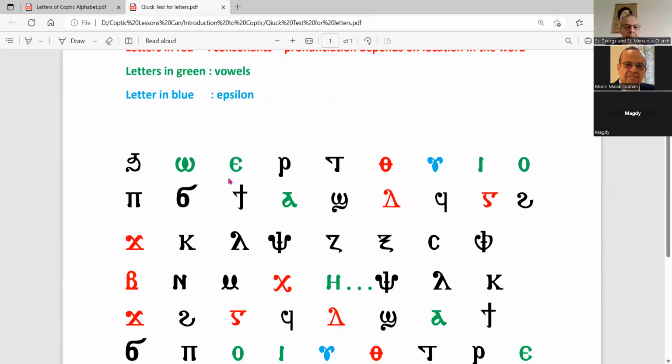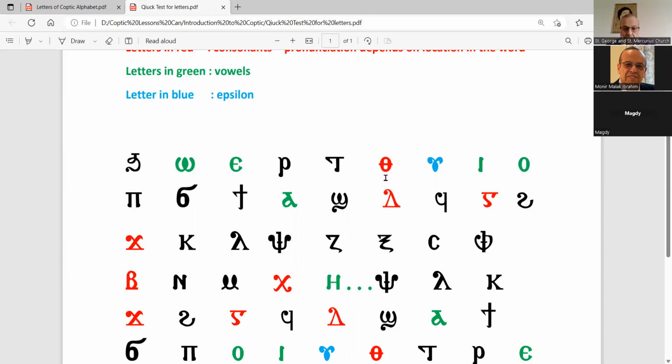We shall go through the first group together. The first letter is chi. The second one, like a W, is the omega. The third one, like an E, is A. The next one, like a P, is the rho. This one that looks like a T is a tav.